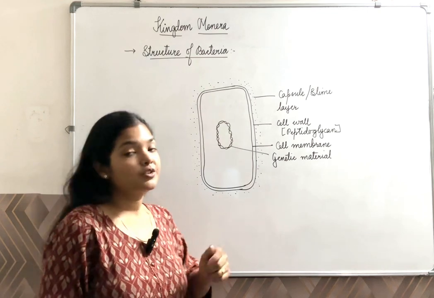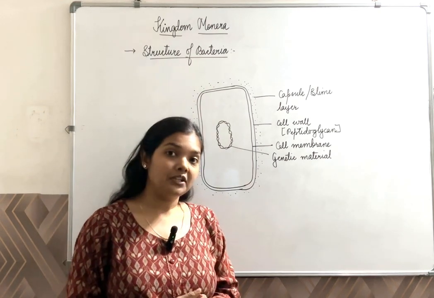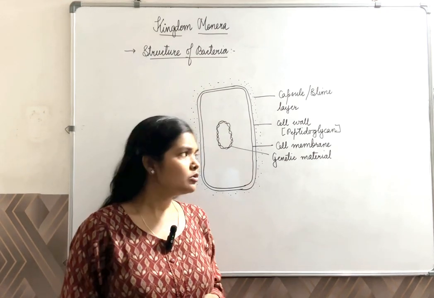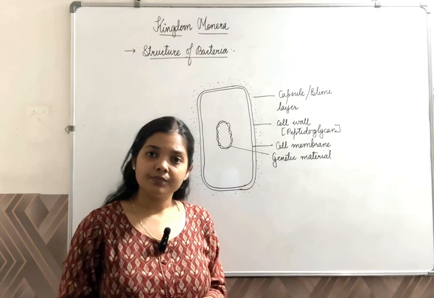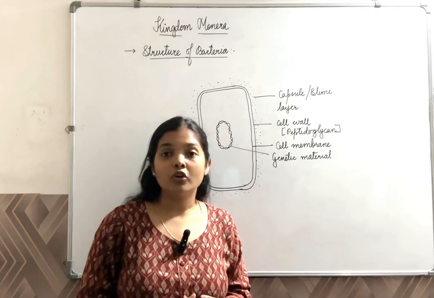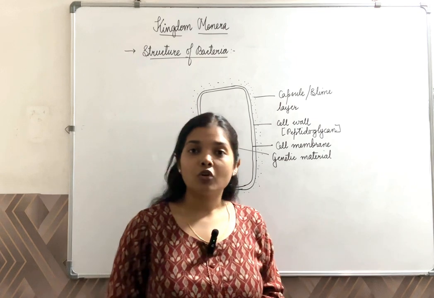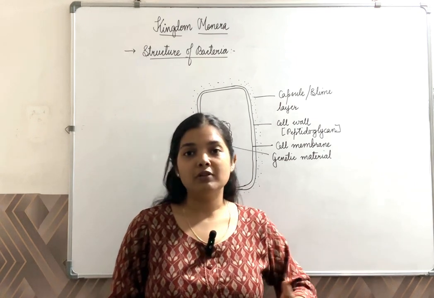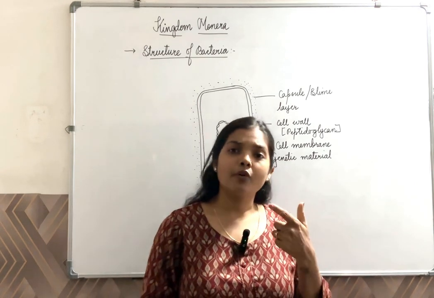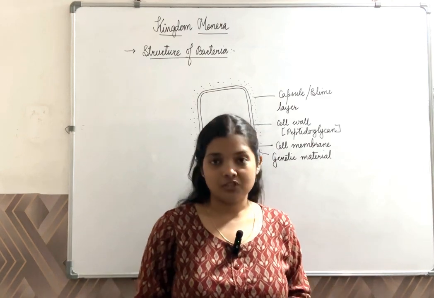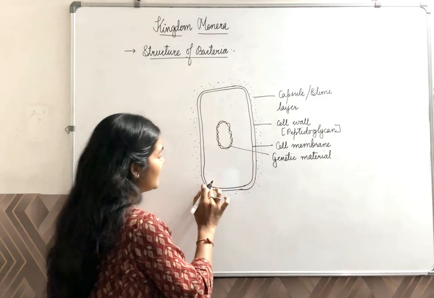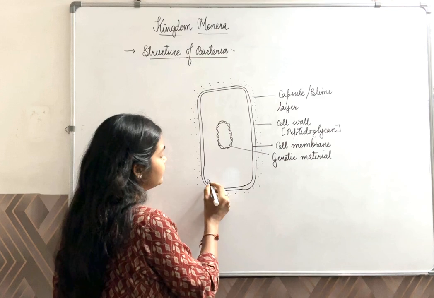Now, since this is prokaryotic, there are no other organelles which are membrane bound. So how does it carry out respiration? There is no mitochondria. So as there is no mitochondria, there is no powerhouse. No powerhouse means no energy. So from where does it carry out the oxidation? For that, the cell membrane is folded internally.